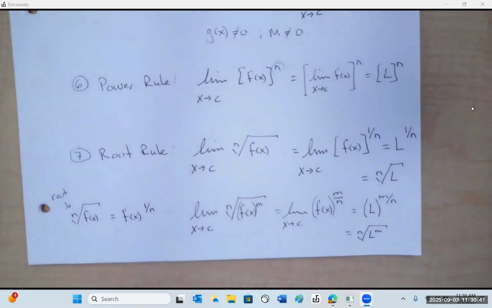So that's how they're related, as radicals are actually exponential expressions. All right, let's look at some examples.